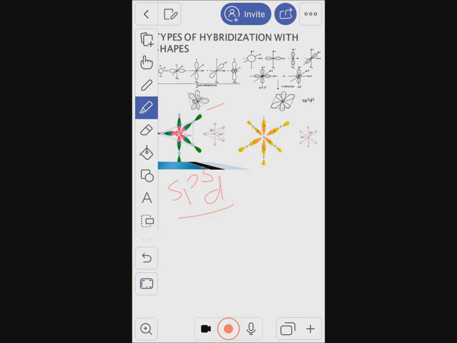It is sp3d hybridization, in which one s atomic orbital mixes with three p orbitals, that is px, py, and pz, and one d atomic orbital, that is dz square, forming the trigonal bipyramidal shape, in which the bond angles are 120 and 90.